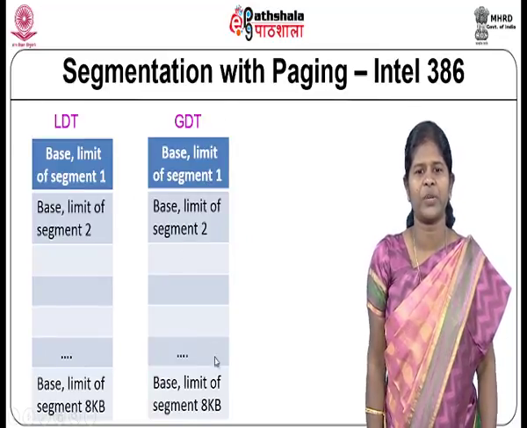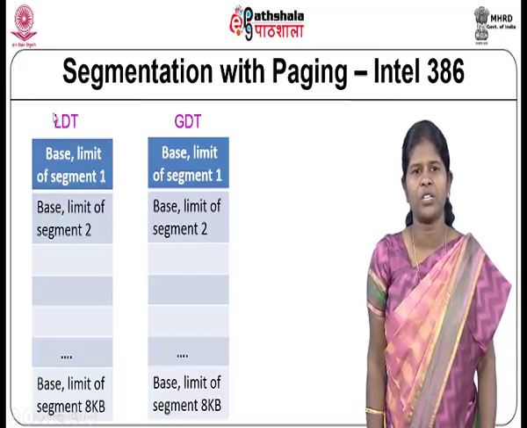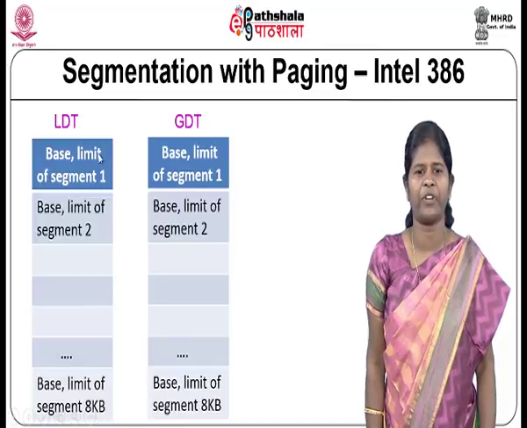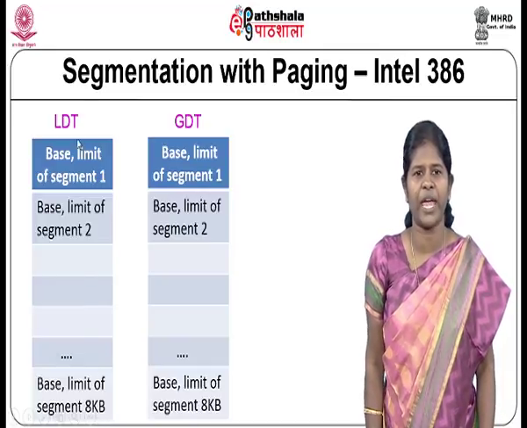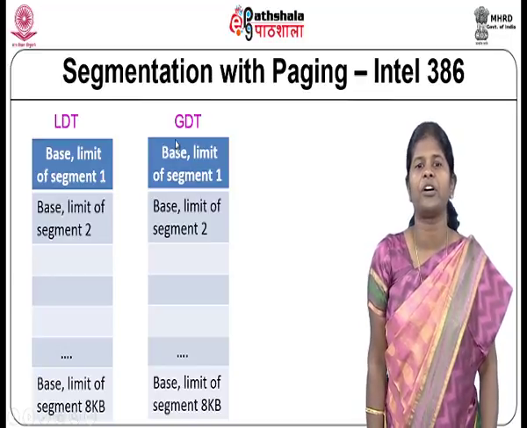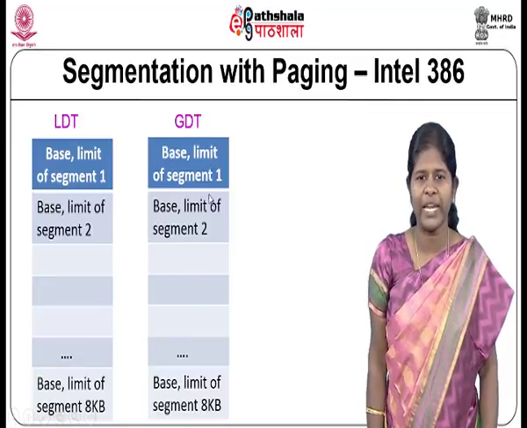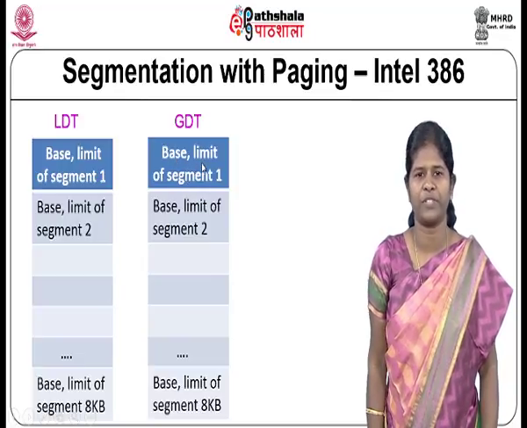Each of the entries corresponds to each segment that is present. In LDT you can have a maximum of 8 kilobyte entries corresponding to the 8 KB segments available. In GDT you have 8 kilobyte entries corresponding to the 8 kilobyte segments available. Each entry has the base address of the segment and the limit of the segment.